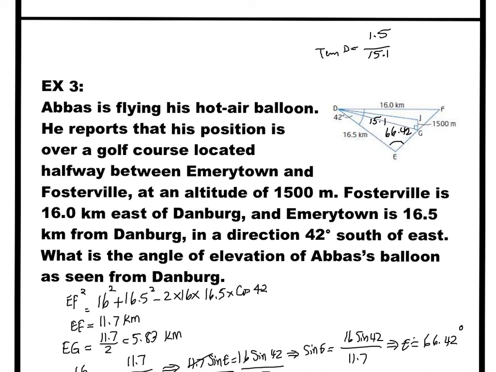I change everything to kilometers. If I use the inverse tan, I'm going to find that D is approximately 5.67 degrees.